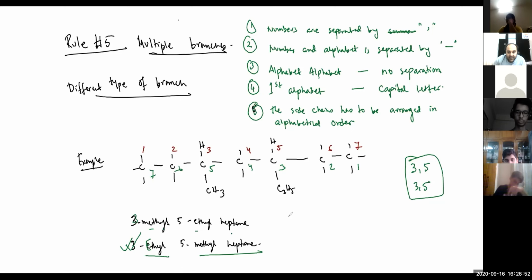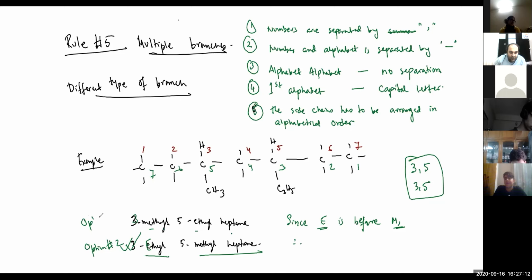Since E is before M, ethyl is before methyl, therefore your answer is option number 2. This is option 2. This is option 1. Therefore option 2 is the correct answer.